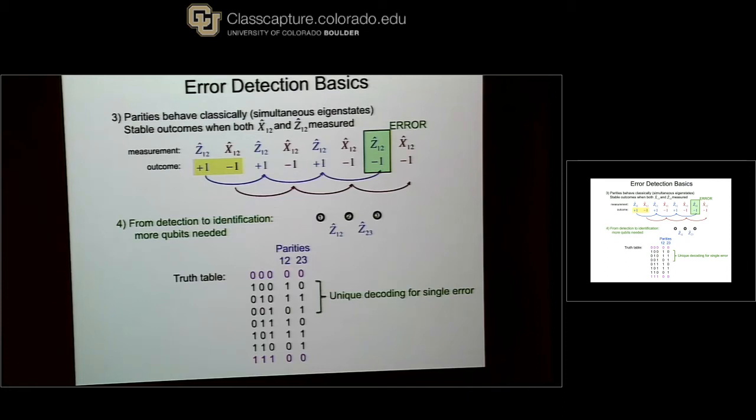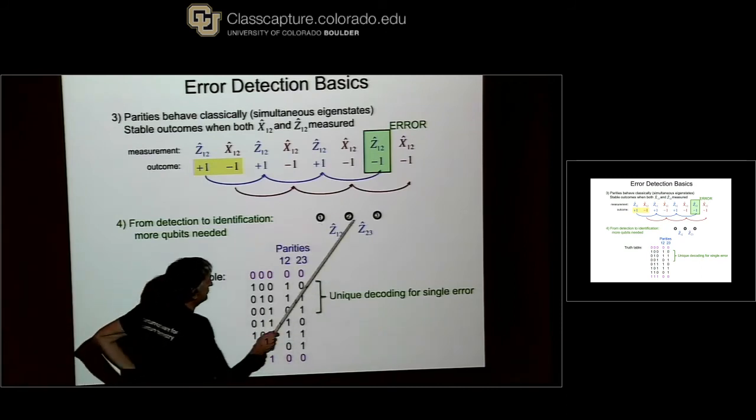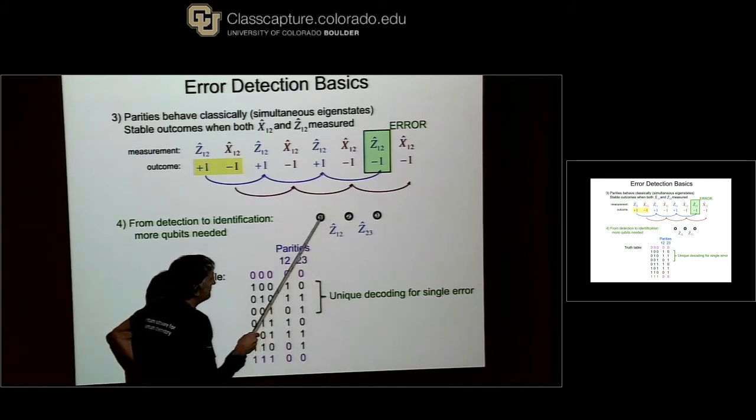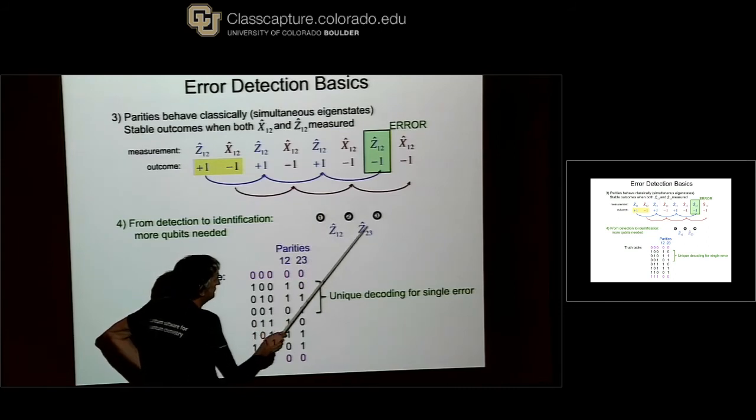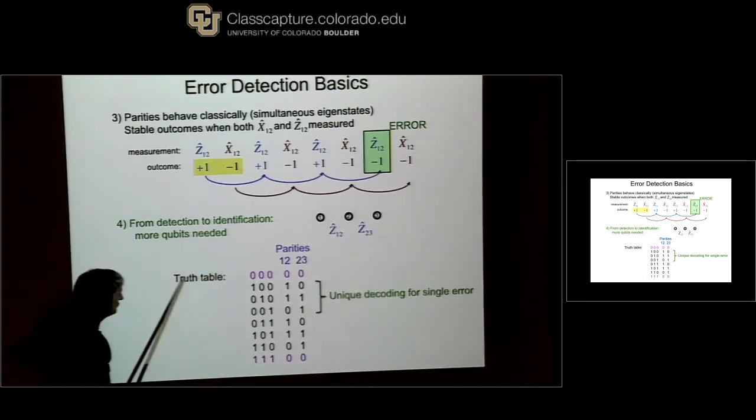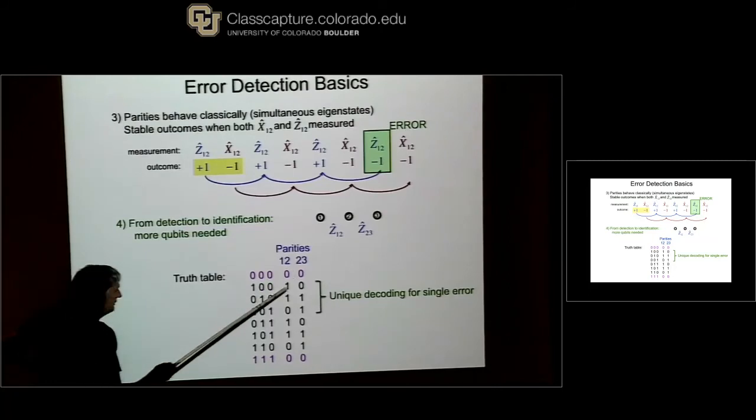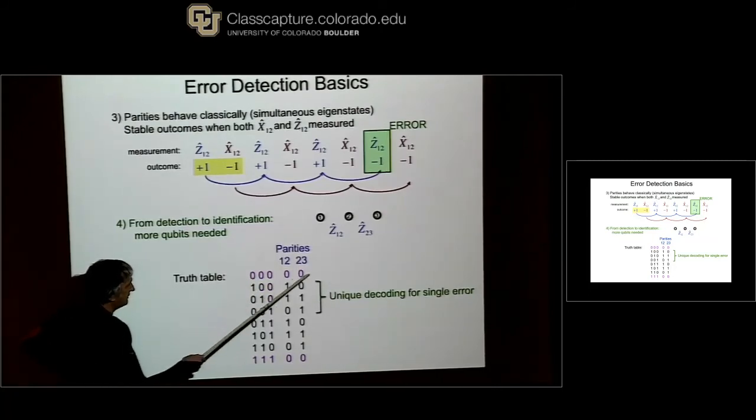Well, what you do, and I'm just going to talk about bit flip parities for simplicity, and I'll talk about how to build that up. You have 3 qubits. I'm measuring the parity between these 2. And here's the truth table, and here's the parity. Let's say it's 0, 0, 0. I measure the parities here.